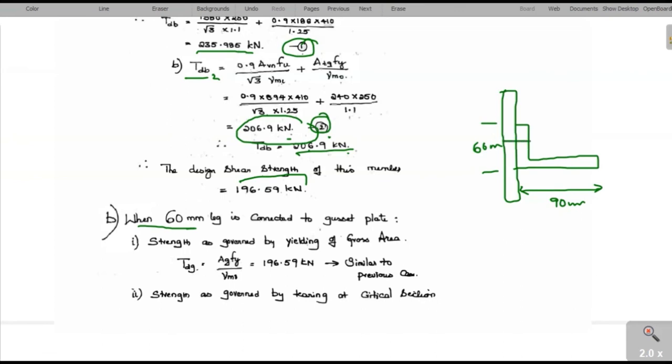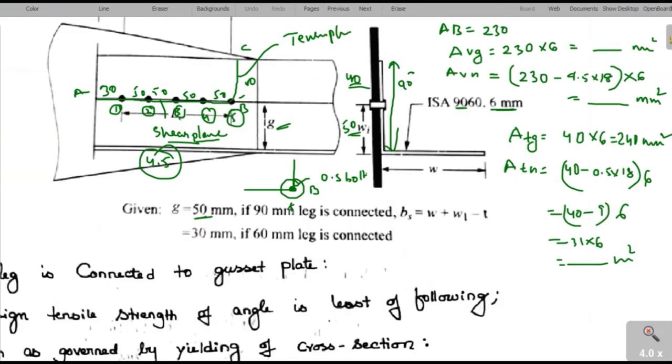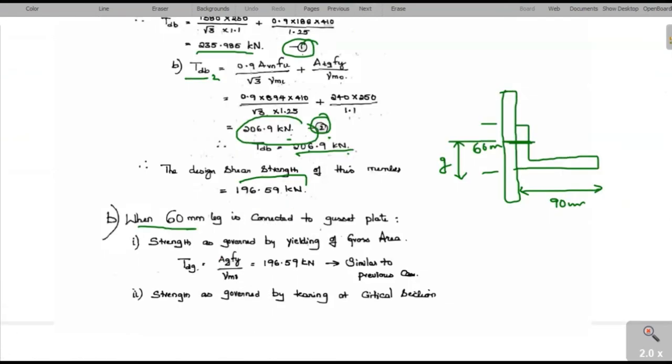So bolting is done at this place, and this value is given as G, and that G is actually 30 if the 60 mm leg is connected, right? 60 mm leg connect అయింది కాబట్టి G ఎంత అండి 30 mm, and remaining is 30 mm. Okay, so you can easily find out what are the necessary things and all this. So try to do this problem.